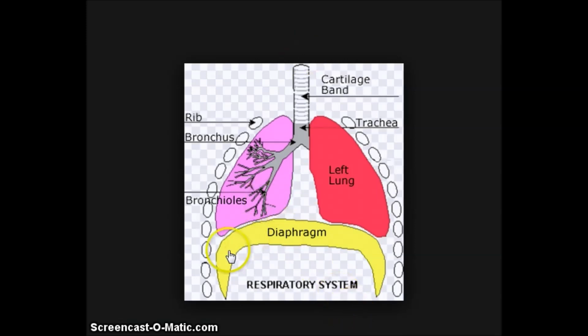That muscle is going to be the diaphragm. I wanted to look at this diagram because it's easiest to see in a diagram right now. The diaphragm is actually a dome-shaped muscle.